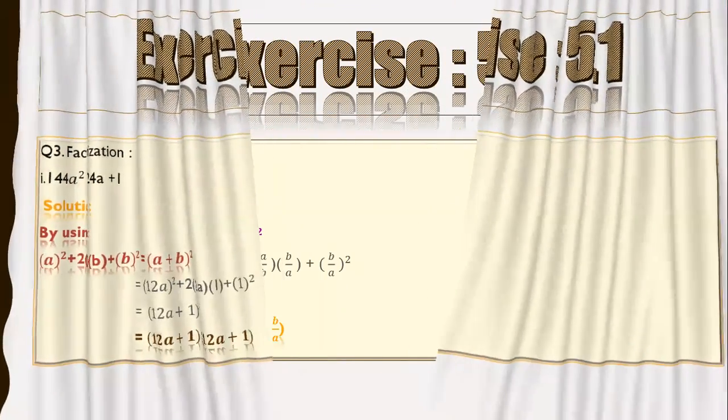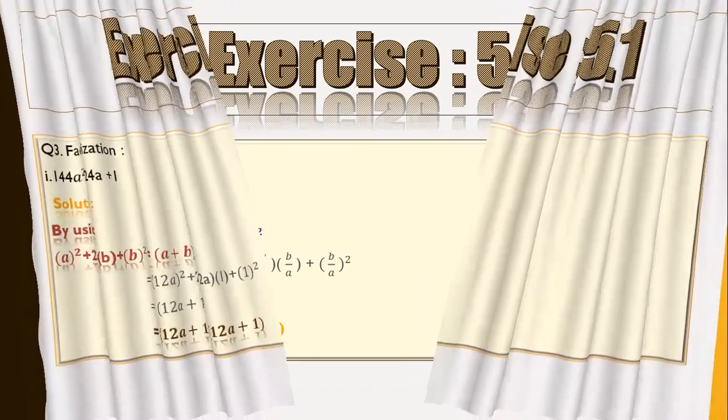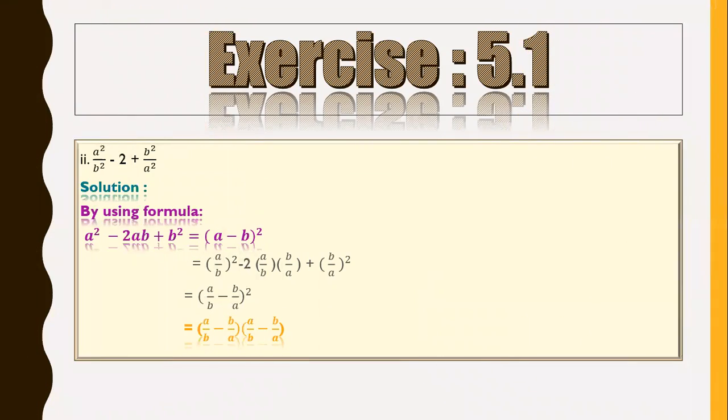The next part of this is a square over b square minus 2 plus b square over a square. There is a negative sign in the middle term. It means that in this question we will apply the formula of minus. A minus b whole square is equal to a square minus 2ab plus b square. According to our question, a square is a square over b square and b square is b square over a square.